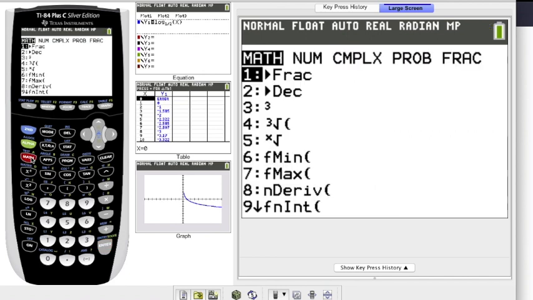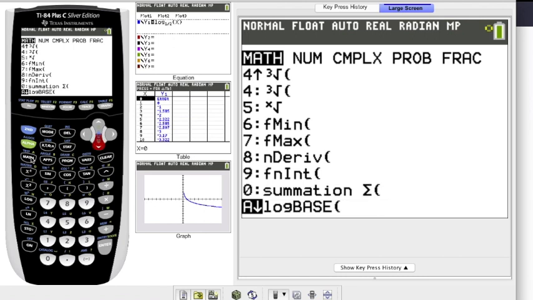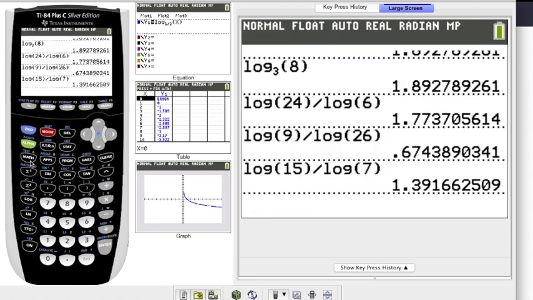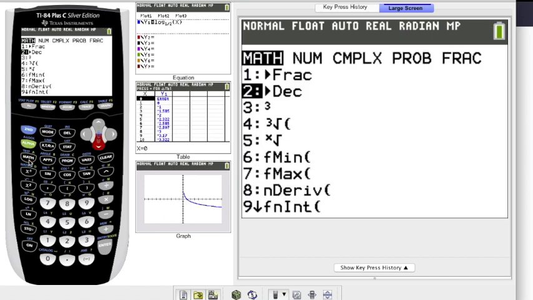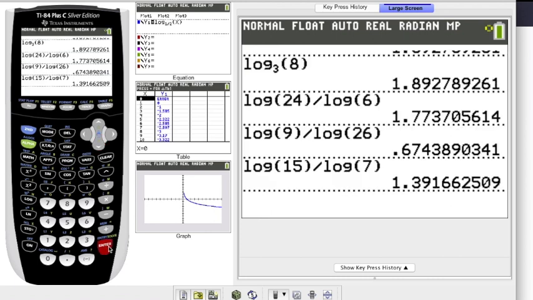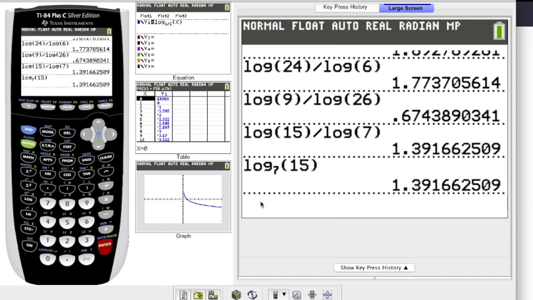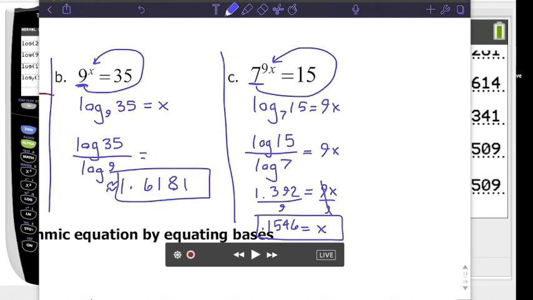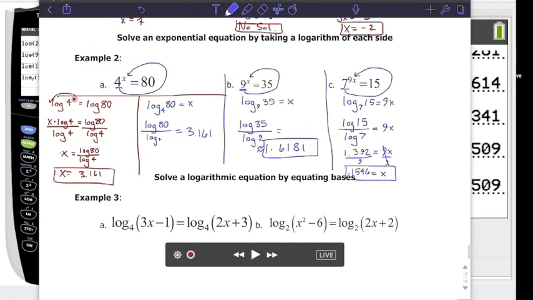Or if you hit math and then scroll down to log base, you can also type in log base 7 of 15. You'll get those same decimals there. Okay, so that's a recap real quick on how to do all that.